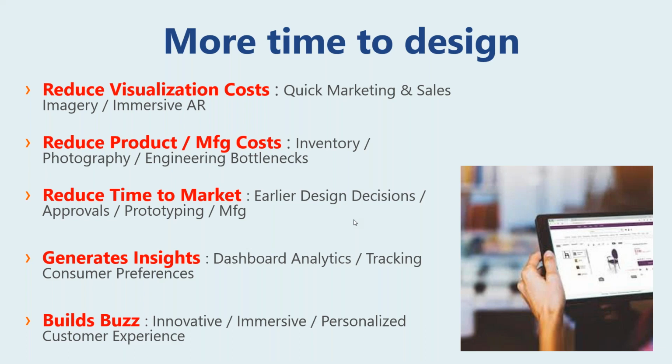We're also, same idea, reducing product and manufacturing costs with such things as photography and dealing with engineering bottlenecks. We allow you to start selling your product before it's actually made. Because you're leveraging your 3D models, you're able to show 30, 40 different colors or multiple fabrics or other finishes.